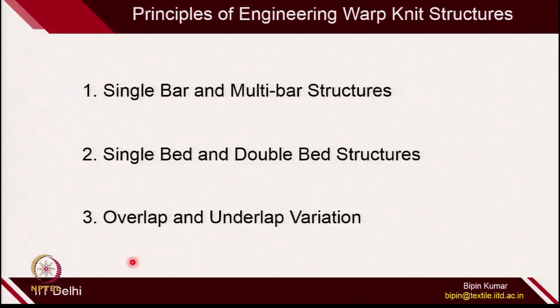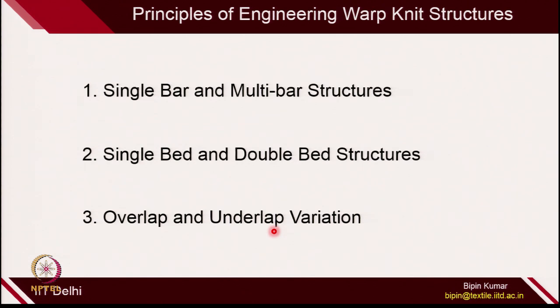But there are some machines also, especially in raschel knitting category, double needle bed machines, which create entirely different types of structure. You can also create a tubular structure, and a 3D fabric structure, especially 3D spacer structure, which is created on a double bed machine. And the last and the most important thing is how you are playing with the overlap and underlap for each guide bar.